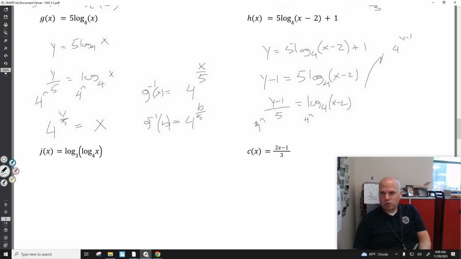4 to the y minus 1 over 5 equals x minus 2. Add 2. 4 to the y minus 1 over 5 plus 2 equals x. I like using a's and b's, like h of a equals b.